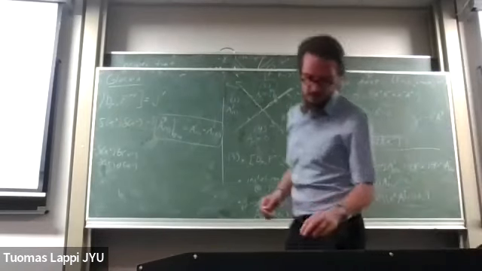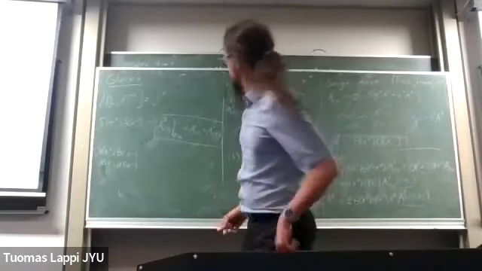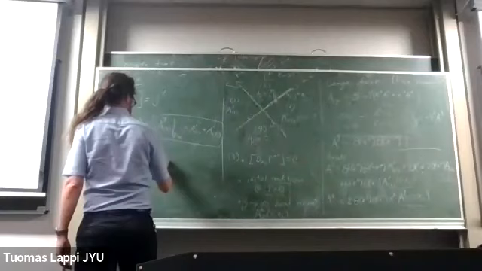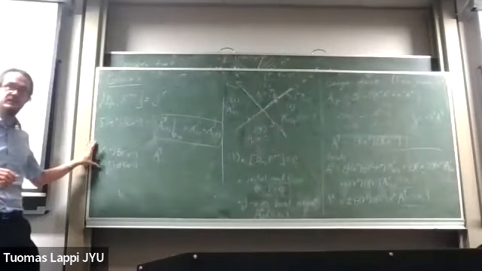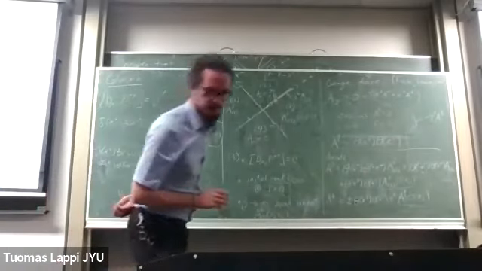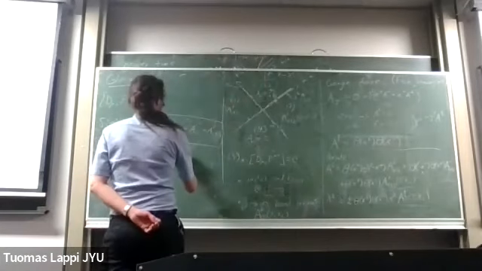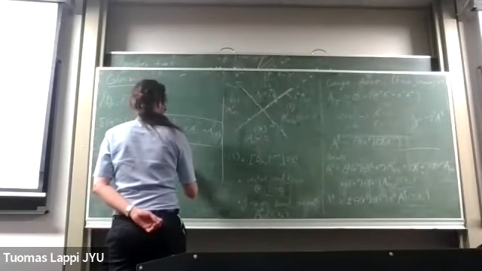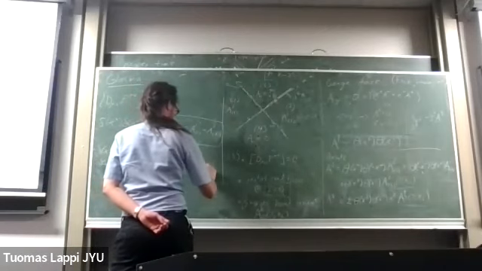The end result of this calculation, and I will skip the algebra, is that in order for the coefficients of these terms to vanish, you will need A eta to be i g over 2 times the commutator of AI1 and AI2.